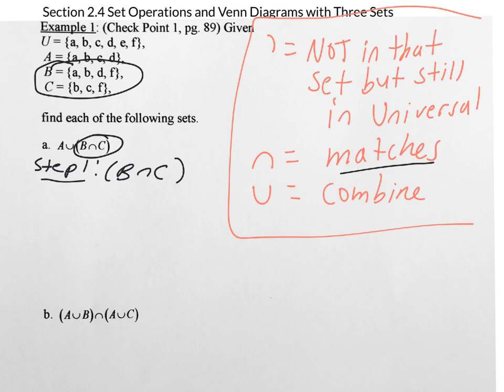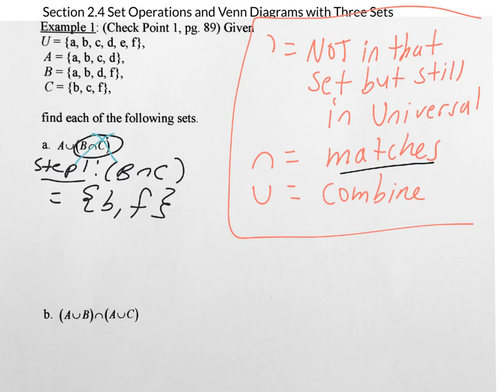Where did these 2 sets B and C match? What do they have in common? So when I look up here, I see that they both have a little b and they both have a little f. And we still have those set brackets around each of these steps and each of these answers. So we just figured out the answer to what's in parentheses is the set with little b and little f in it. All right, so we've taken care of all of our parentheses.